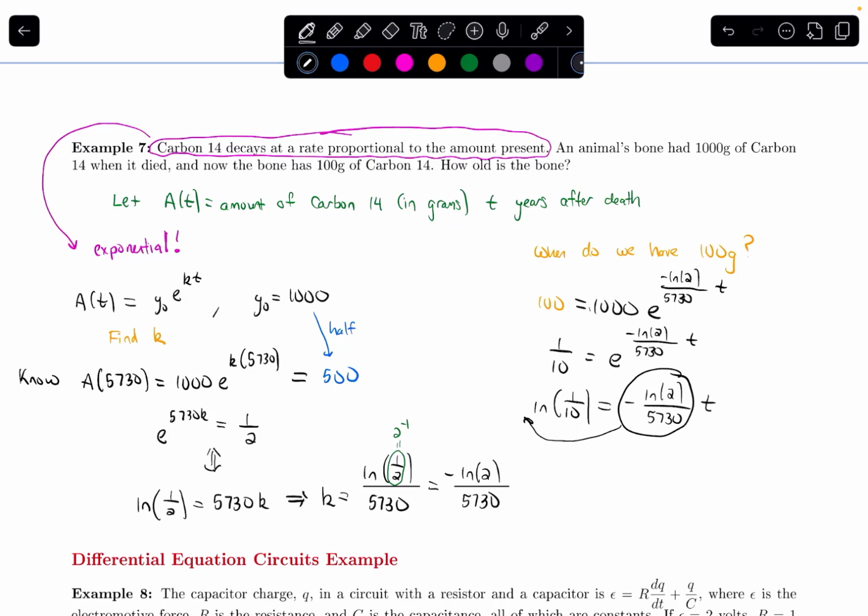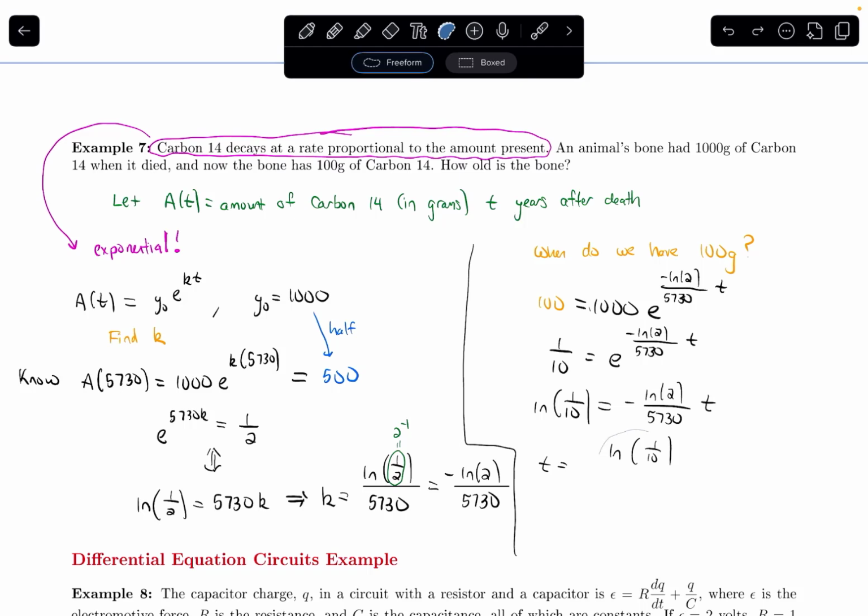Actually, instead of dividing by this, let's just multiply by its reciprocal. I think that just looks a little nicer. So I get t equals ln of 1 over 10 multiplied by its reciprocal, negative 5,730 over ln of 2.